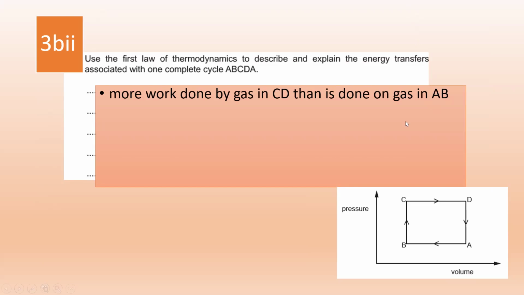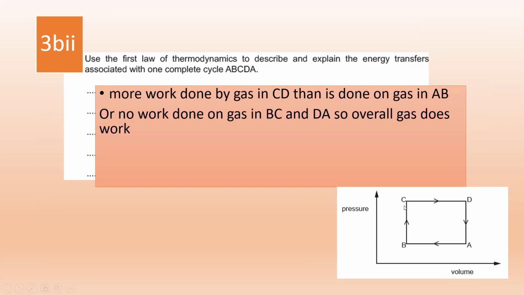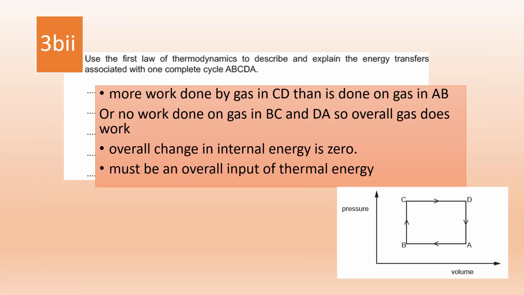More work is done by that part than that part there. Overall change in internal energy is zero. You go one round, one cycle, the overall change in internal energy is zero. There must be an overall input of thermal energy. Wherever you start and end at the same point, there is no change in internal energy. Overall input of thermal energy, if we start with A.